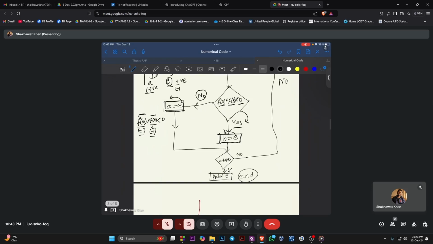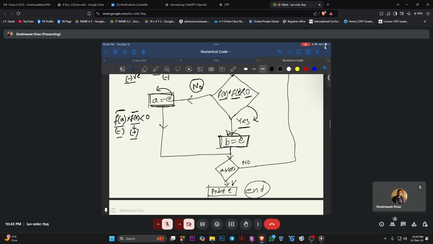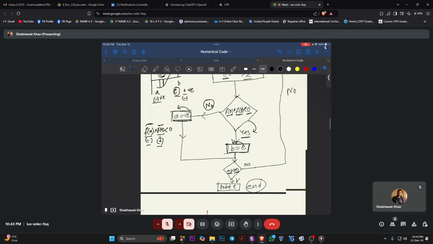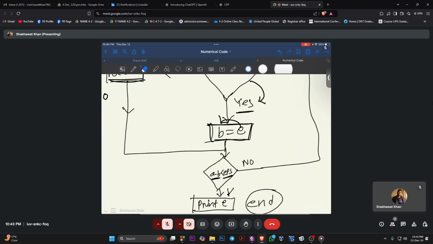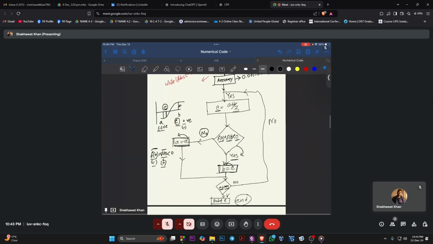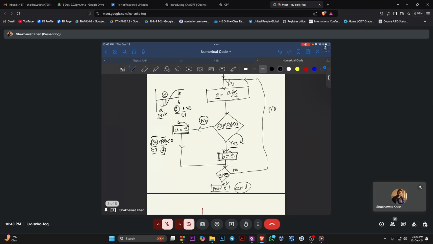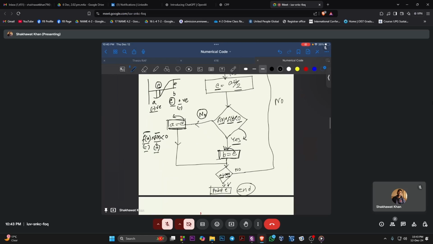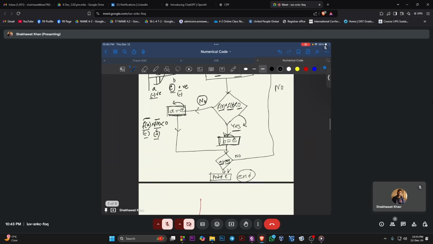Then with our new values, we will check whether the difference of a and b is less than our EPS, meaning accuracy. EPS means accuracy. So here, the difference of our new a and b value is less than our accuracy. If this happens, then our solution would be c.